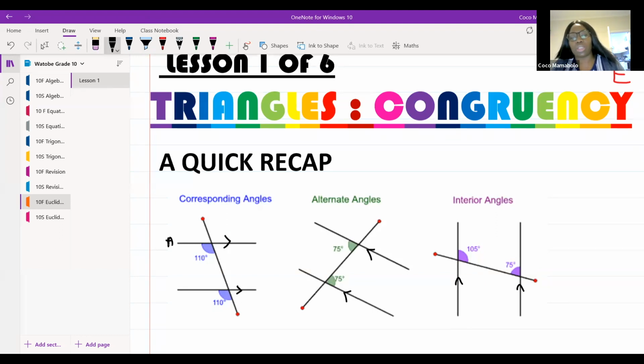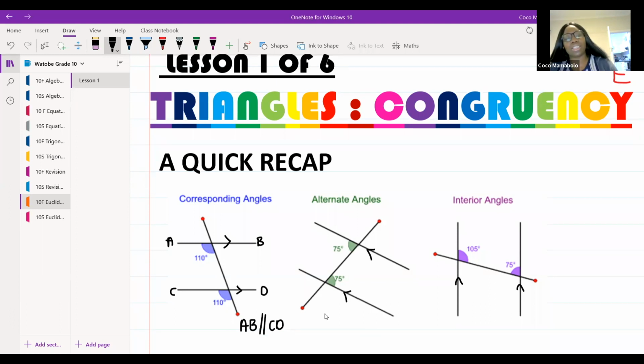Also, if this is called AB and this is called CD, if I were to say that this angle over here is equal to this angle, I need to finish that off with the proof that I can actually do this because AB is parallel to CD. So it's very important that we write this last part over here.